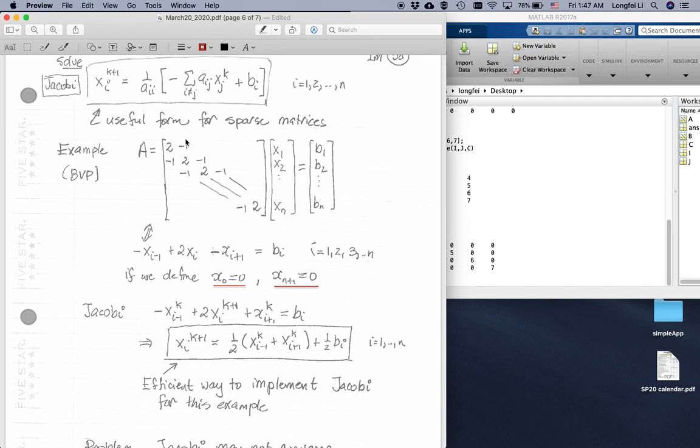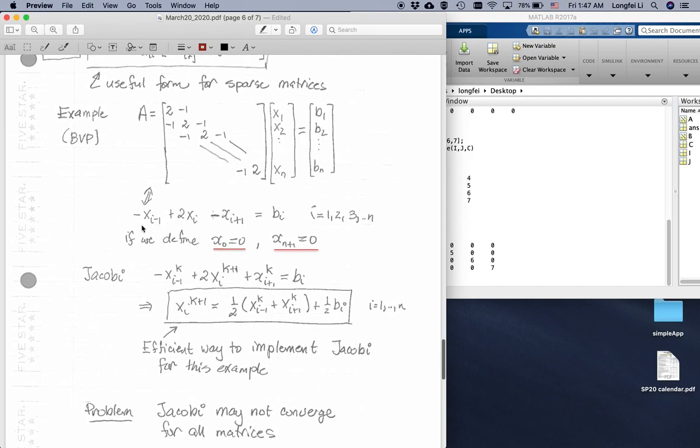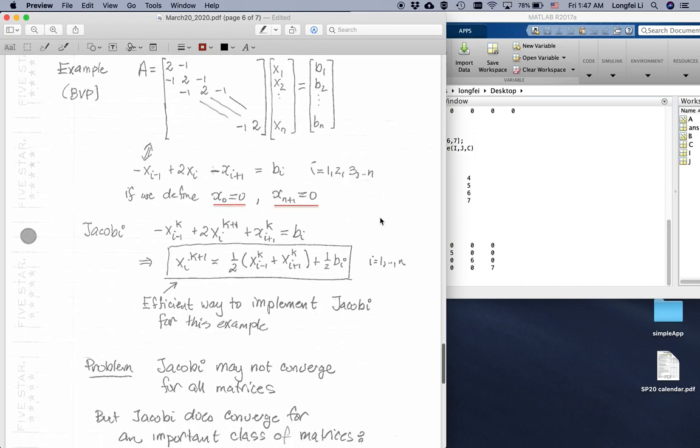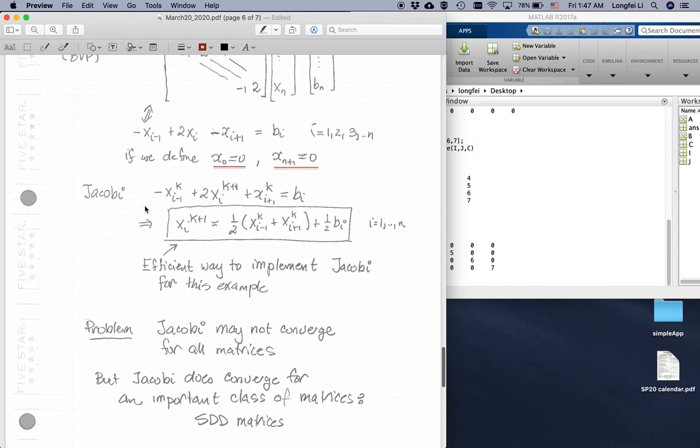So let's say we have this equation we want to solve, and if we write it in component form, for each component this becomes negative x_{i-1} plus 2x_i minus x_{i+1} equals b_i, for all my equations from 1 to n. And the Jacobi iteration says if we use the new approximation for the diagonal part and the old approximation for the other parts, then we can write it this way.